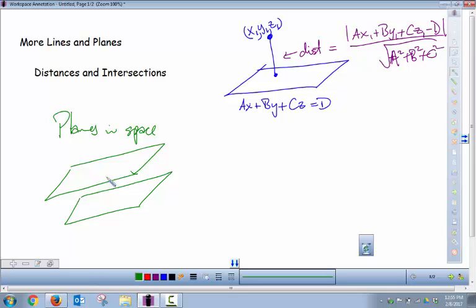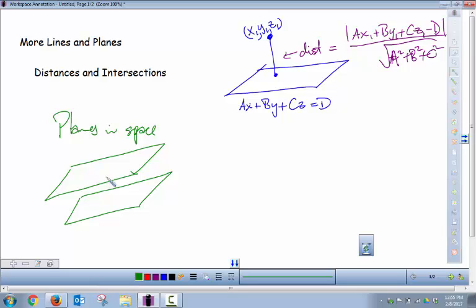But when you're dealing with three equations and three unknowns, I don't know if you did any of that kind of work in linear algebra, or in algebra, at the end of elementary algebra or the beginning of intermediate algebra. They talk about solving three equations and three unknowns, systems of linear equations.